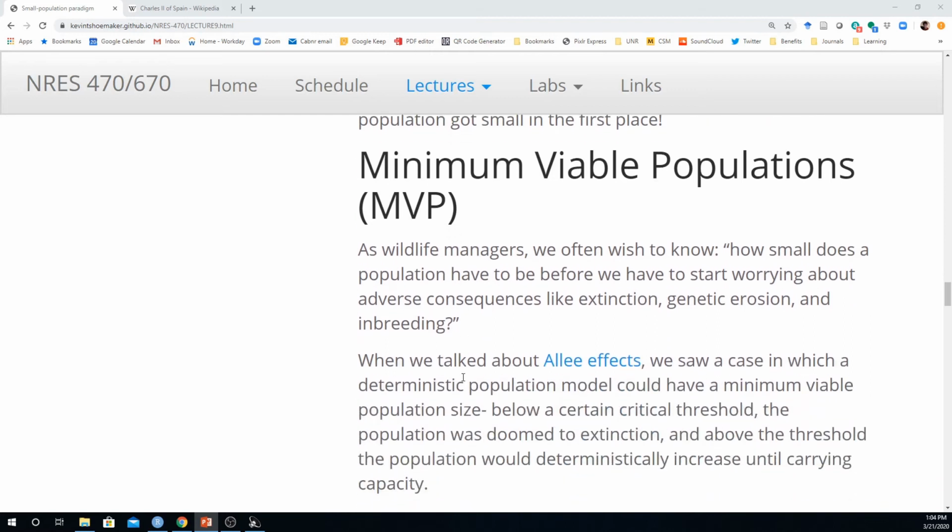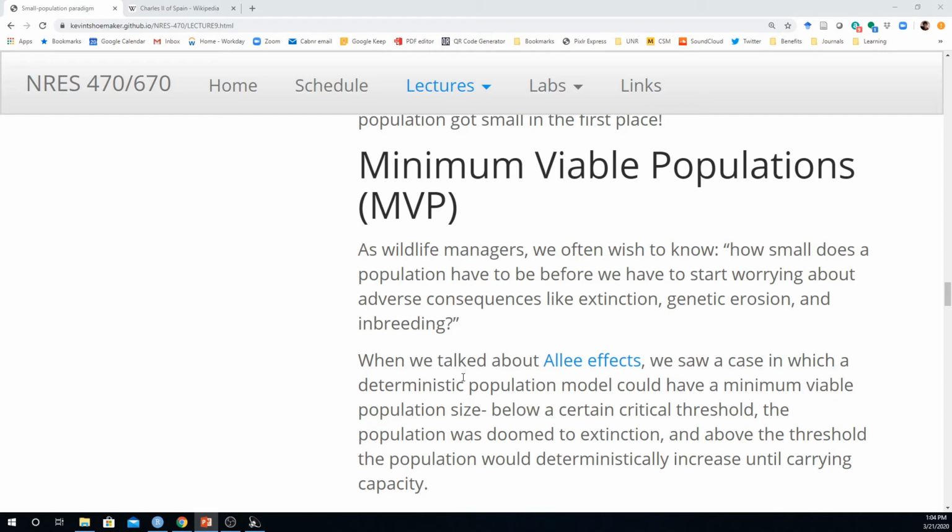Now, one more really critical concept of the small population paradigm is the minimum viable population, or MVP. This is a really applied concept, and this is an applied population ecology class, so it's really important.